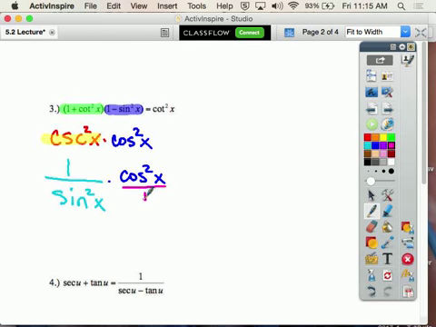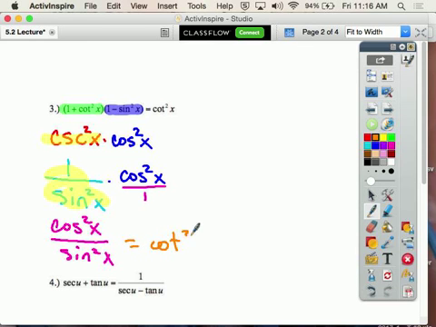And you multiply across the top and across the bottom, again remembering that that cosecant stuff was this 1 over sine squared. And I end up with the cosine squared of x over the sine squared of x, which I happen to know is cotangent squared of x, which then proves that it's equal to the right-hand side of that equation.